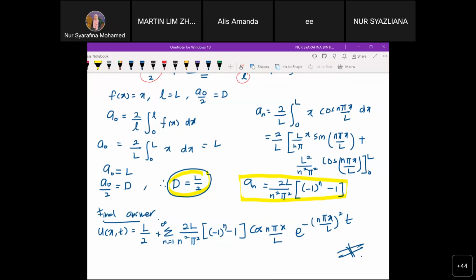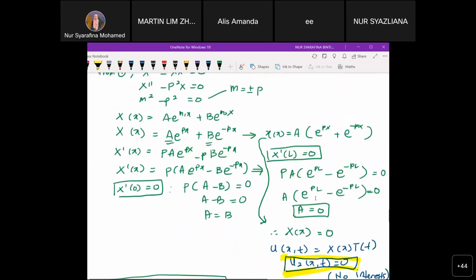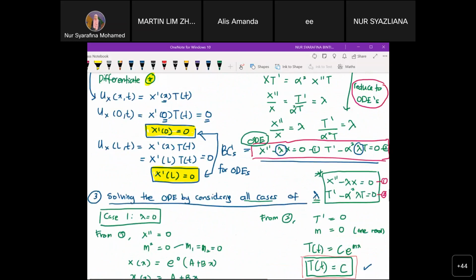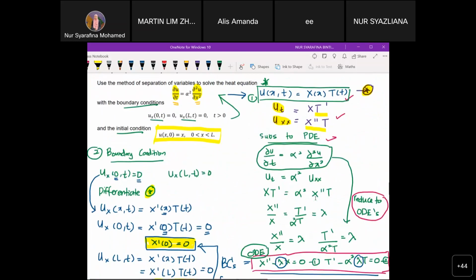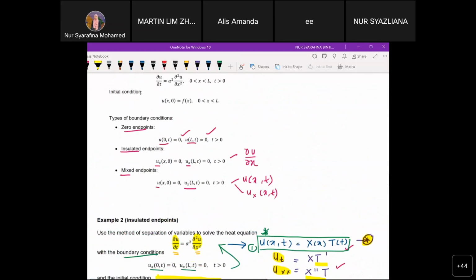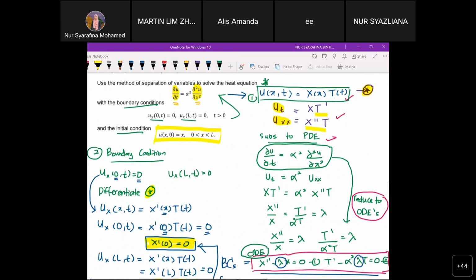So usually in your final, chapter 5 PDE consists of one question of 15 to 20 marks. All of these steps will give you around 15 to 20 marks. Depends on the equation, depends on the cases, depends on the function. But the process of finding the solution for whichever cases of zero endpoints or insulated or mixed endpoints will use the same steps.